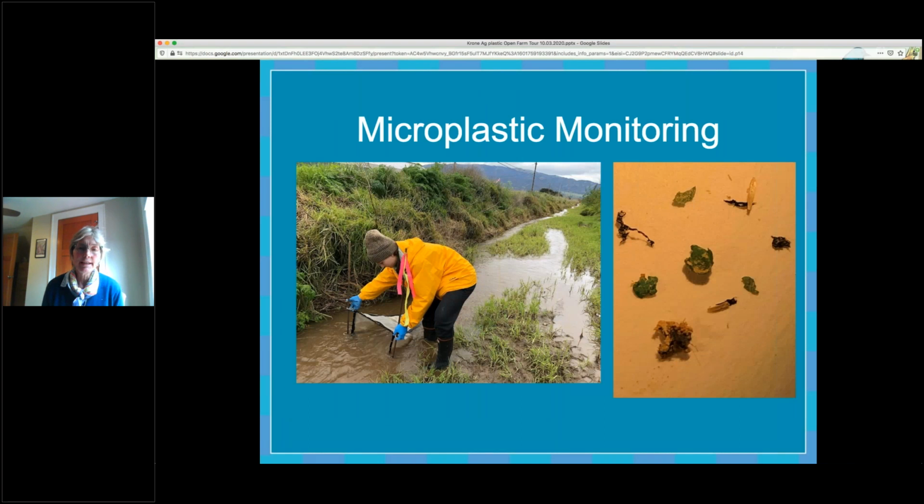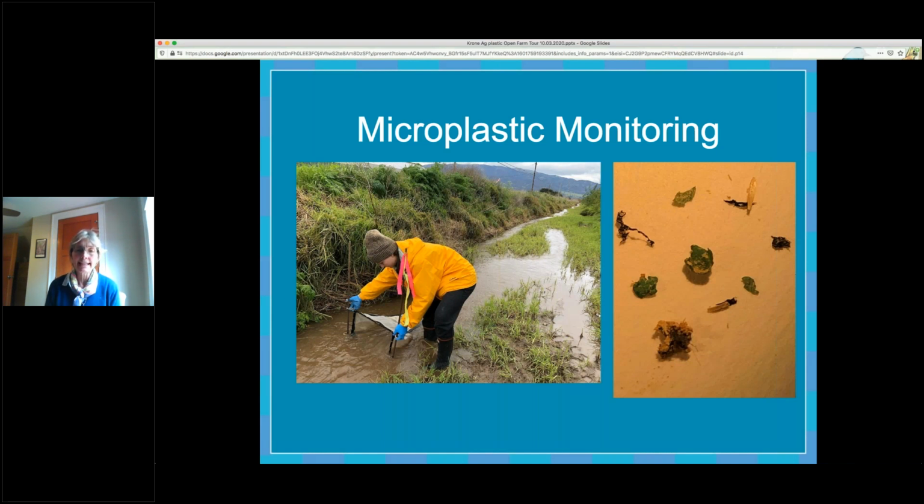In addition to the stream bank monitoring, we also did microplastic monitoring, and this was to look at the water itself and to see if there was evidence of microplastic. We monitored the same locations as for the banks, which was in agriculturally dominated landscapes. We took a net out and we stood with our net in the water and measured how much water went through the net.